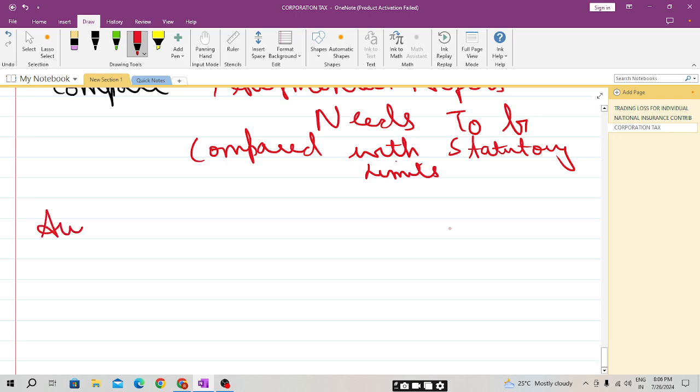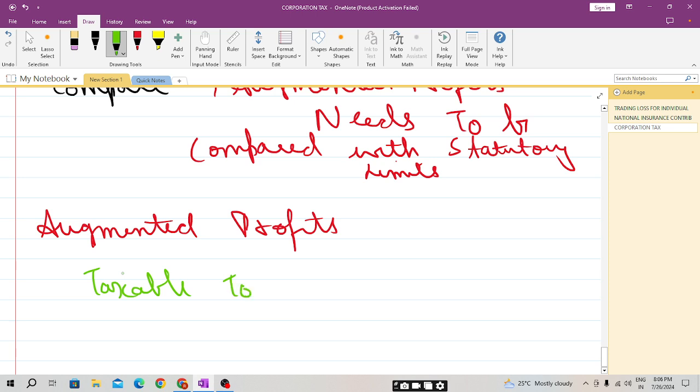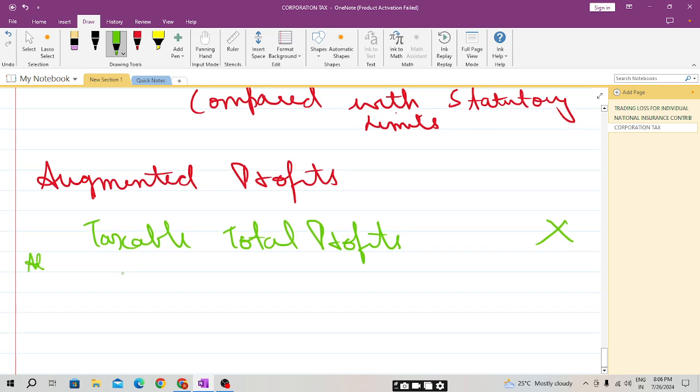Now, how to calculate augmented profits? So students, the augmented profit will be taxable total profits plus dividend from non-associated companies.